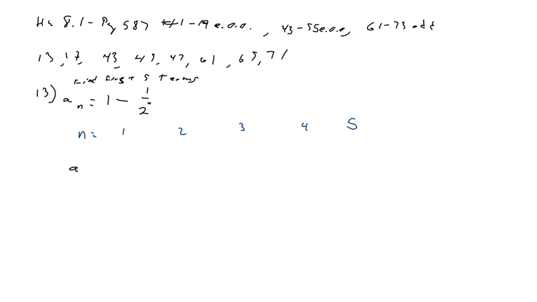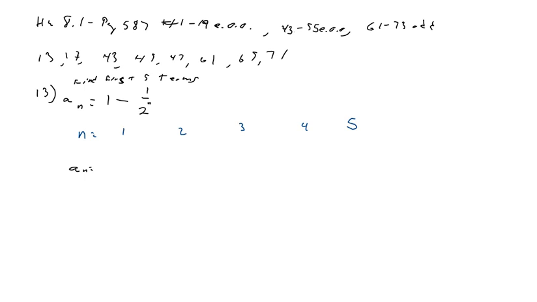So a sub n, for each one, just plug in that n. n is 1, then n is 2, then n is 3, on and on. Again, if you're just joining us, Isaid, Jesus, welcome. Make sure you say hello in the chat. We're going over the homework from Friday about patterns, series, and sequences.